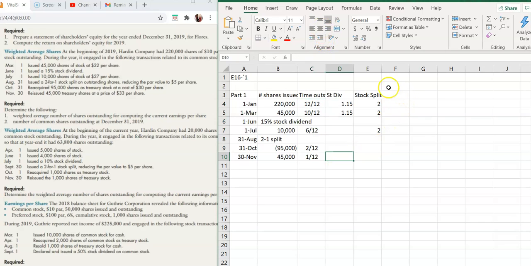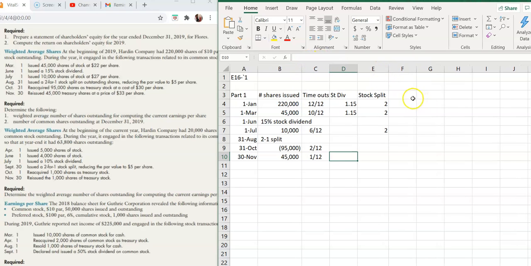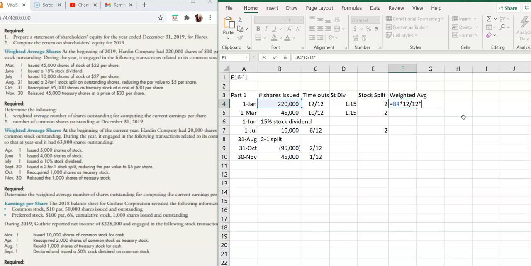Okay, so then you just multiply that out. So equals that times that. The 12 out of 12 is not actually a number, so I can't multiply by that.